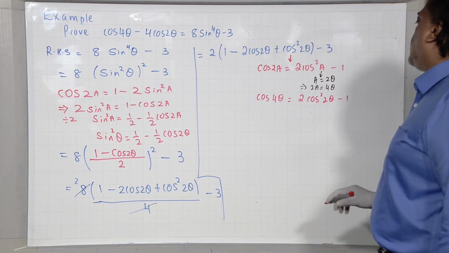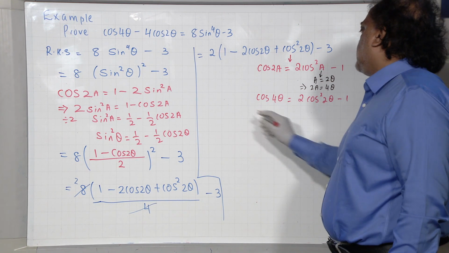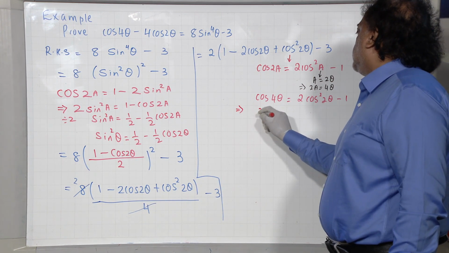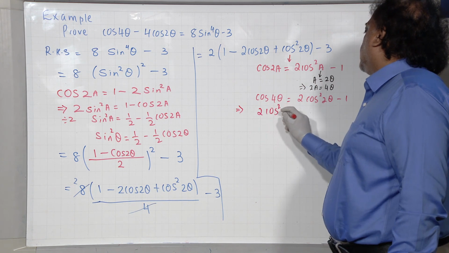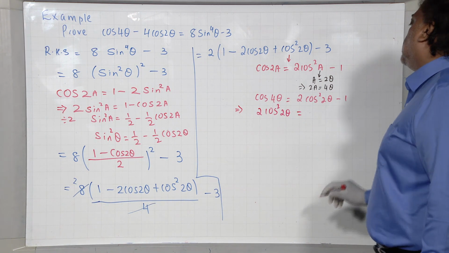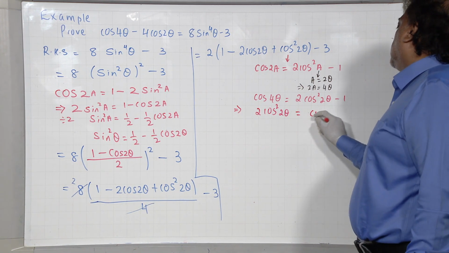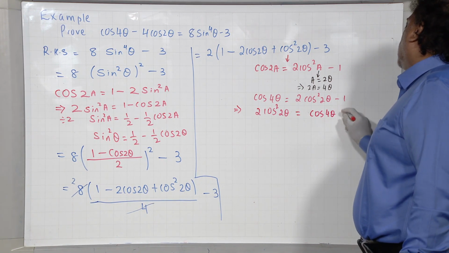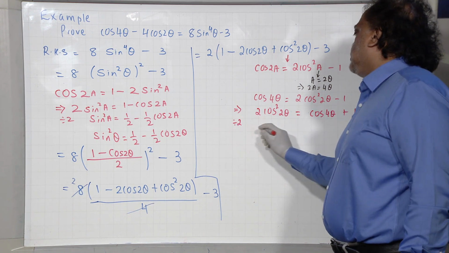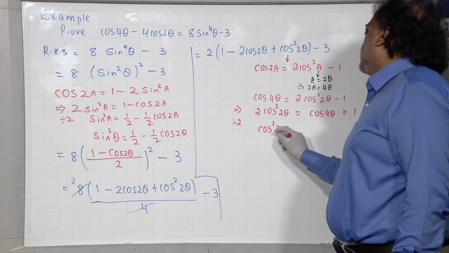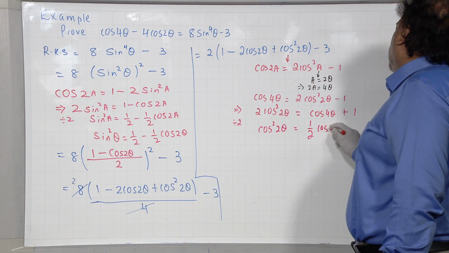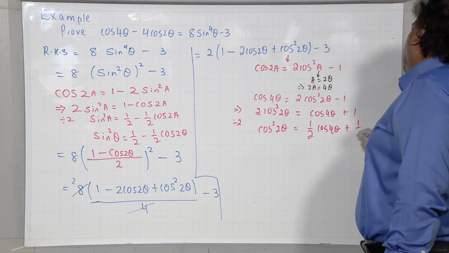If we make cos squared 2 theta the subject of the formula, this will give us 2 cos squared 2 theta is equal to cos 4 theta plus 1, so cos squared 2 theta is equal to half cos 4 theta plus half.